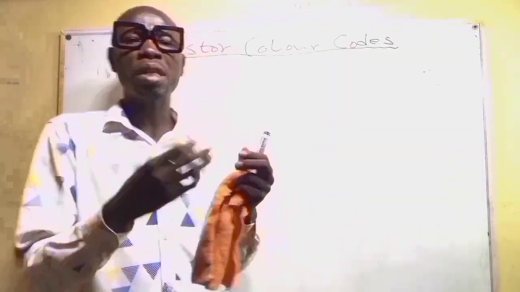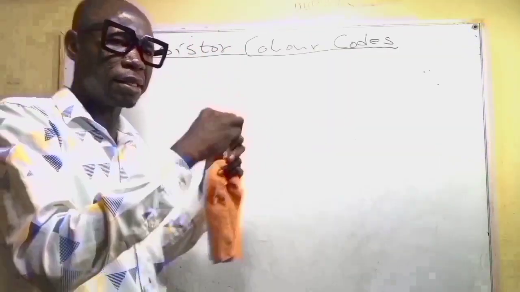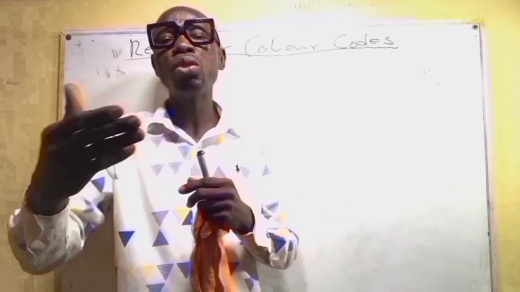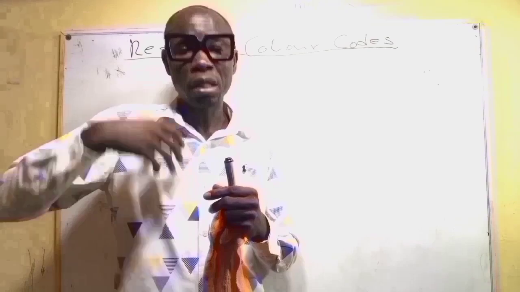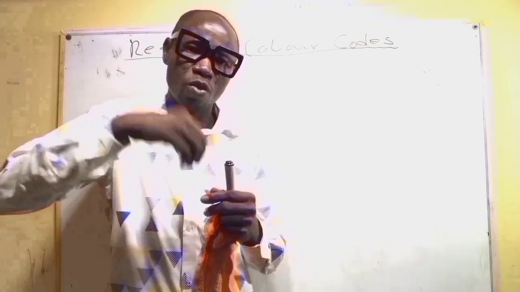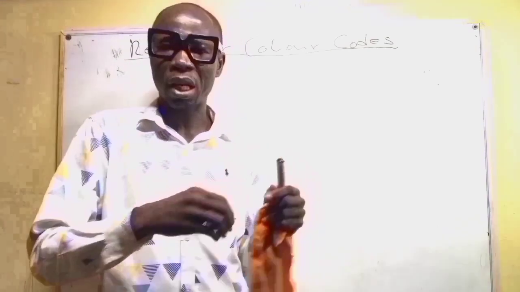Before you can know the resistance in a fixed resistor, you must understand the color codes, because for most resistors, you can only know the resistance in them to resist the flow of electric current by using the colors coded on them.